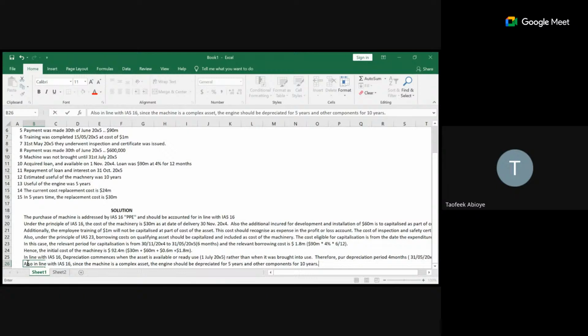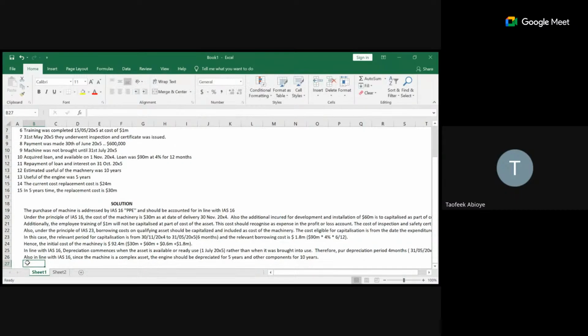So in this case, can we quickly calculate the depreciation? Let's calculate the depreciation and finish up this question. The depreciation of the engine: how much is the cost of replacement of that engine? 24 million, right?